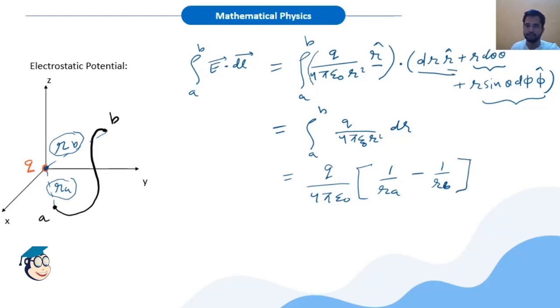Okay, so after putting the values of A, that means RA, and B means RB, we will be left with this quantity.